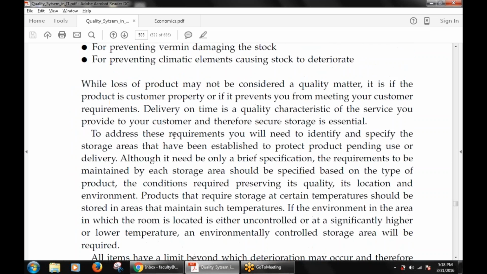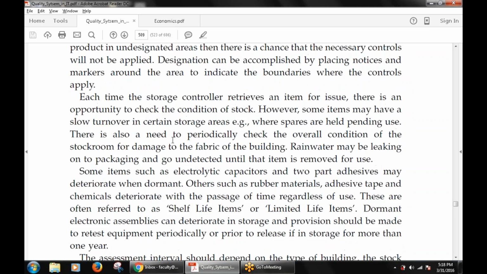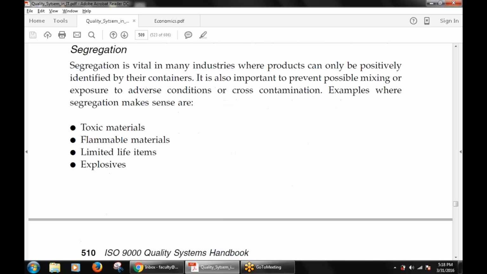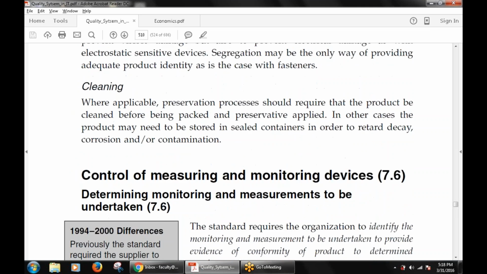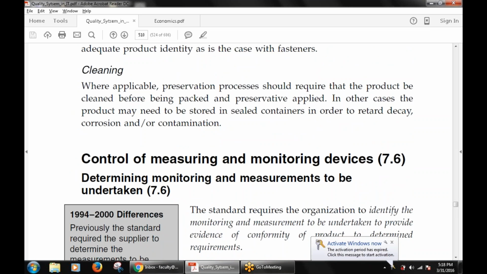Then storage, then segregation, then cleaning. So these are the various points that will be completed against deterioration.